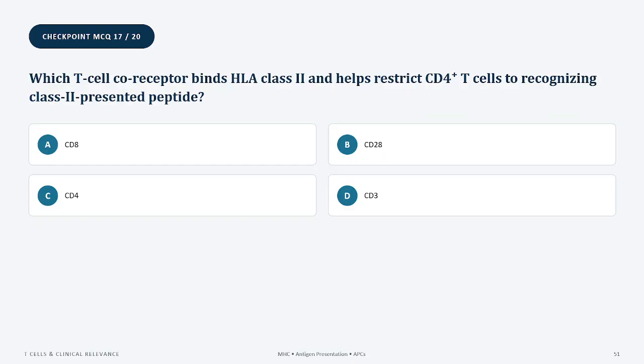Which T cell co-receptor binds HLA class 2 and helps restrict CD4 plus T cells in recognizing the class 2 presented peptide?